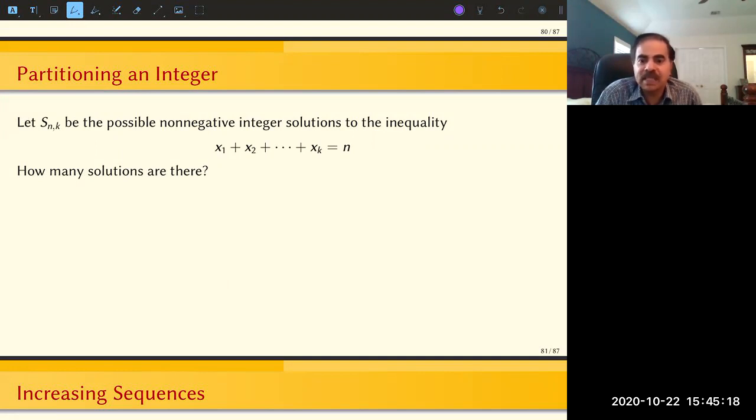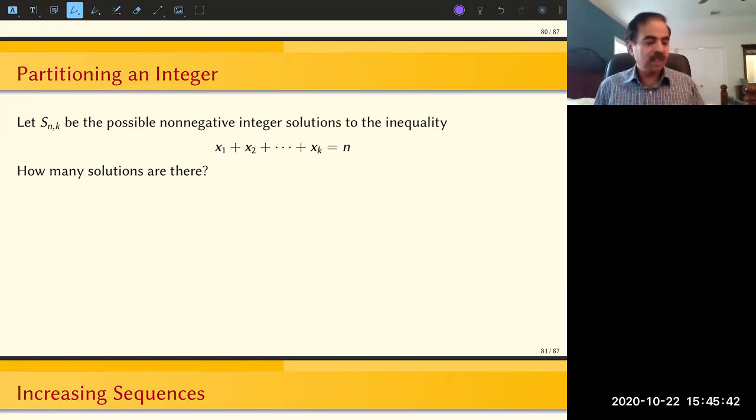It's a donut problem, yes. Xi represents the number of donuts of the ith flavor that we want to pick. So it's the same problem, and therefore the same solution would work.